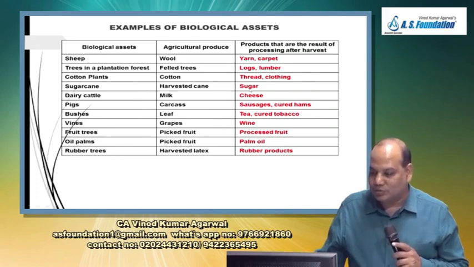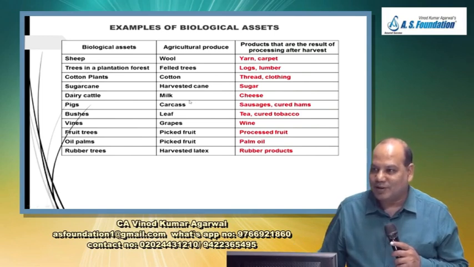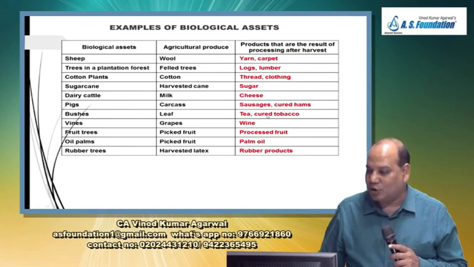Sugar, no. What about dairy cattle? Yes. Milk, yes, up to the point of harvest. But from the milk, if you produce cheese, butter, okay, not applicable. Pig's carcass, yes. Sausages, no. Bushes, leaf, yes. Tea and cured tobacco, no.